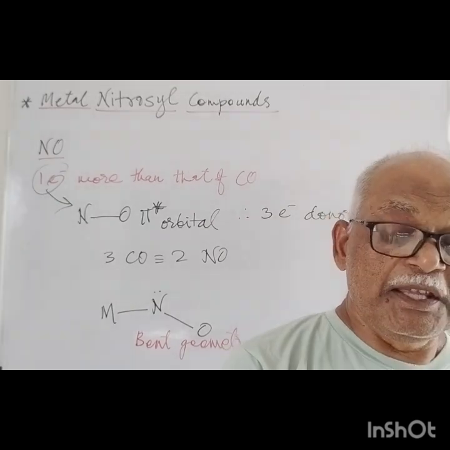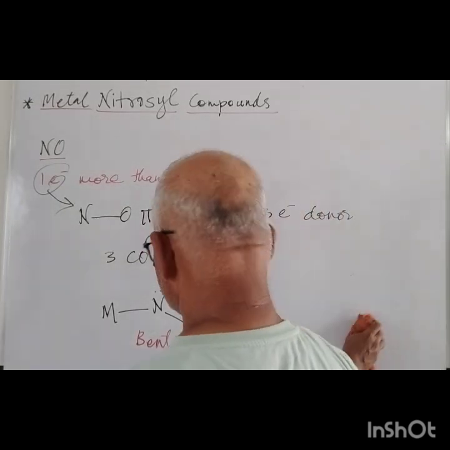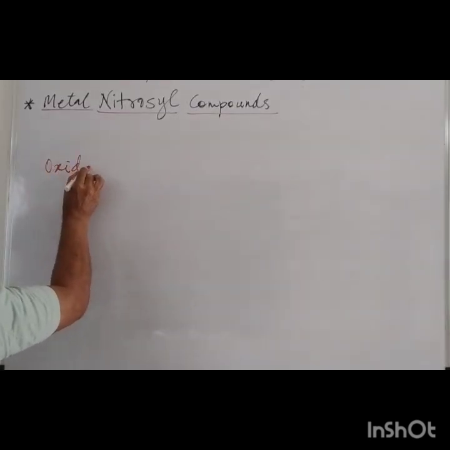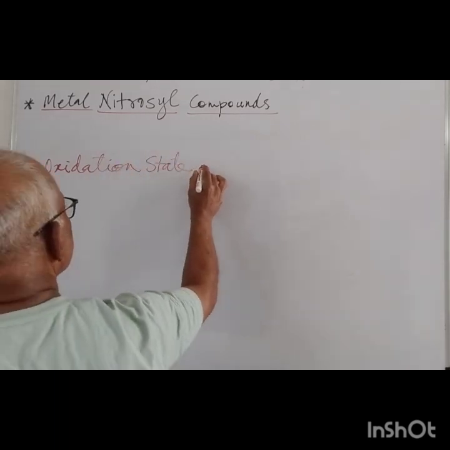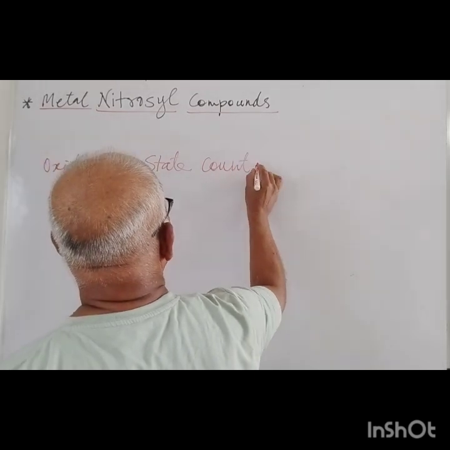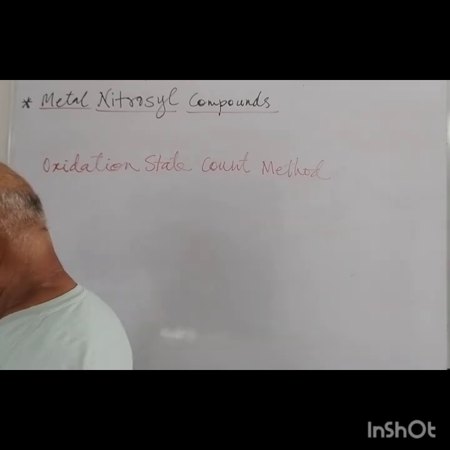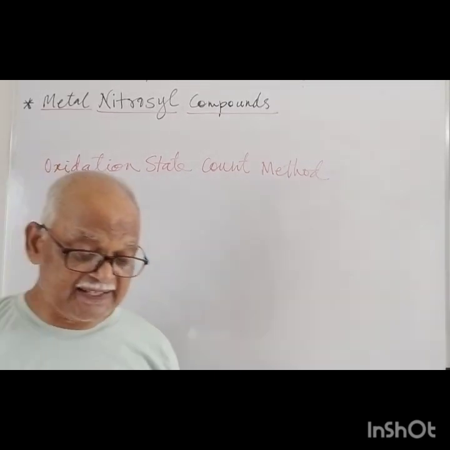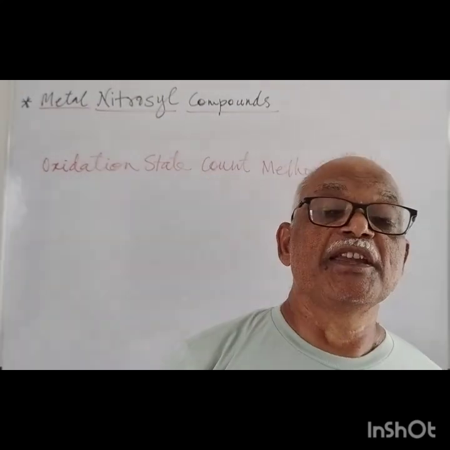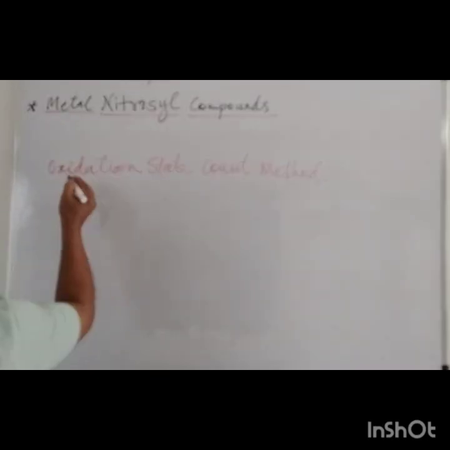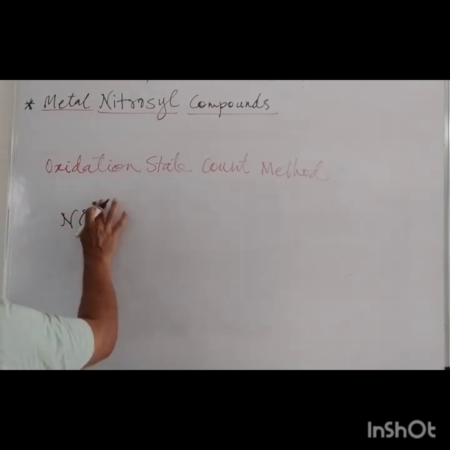Now, if we see the oxidation state count method, then the ligand is used as a coordinated group in which the ligand nitrosyl group is present as NO plus ion.